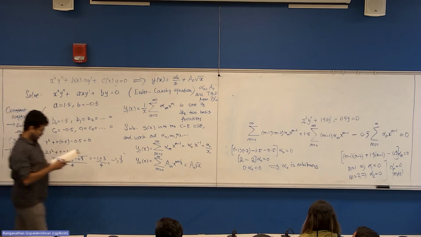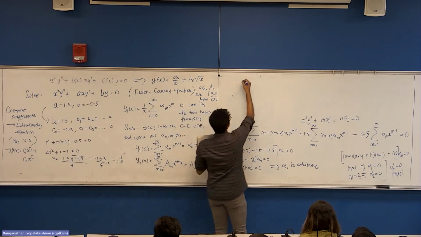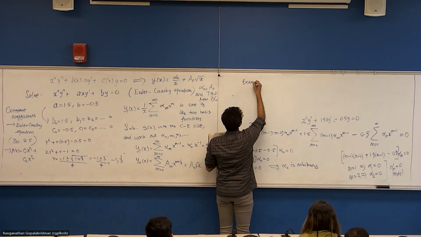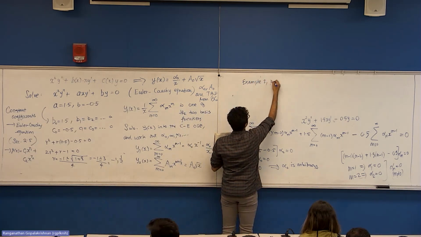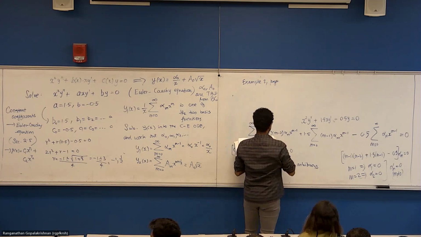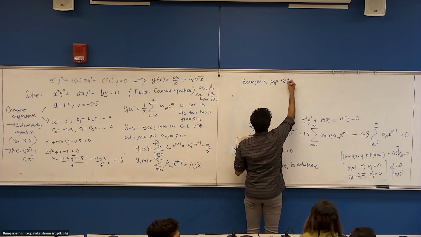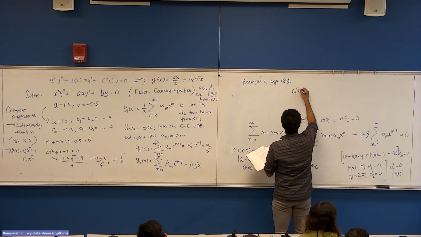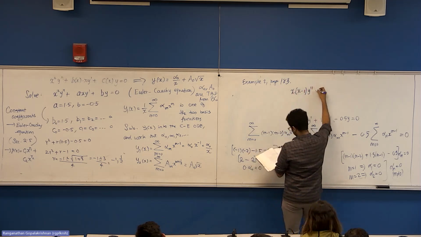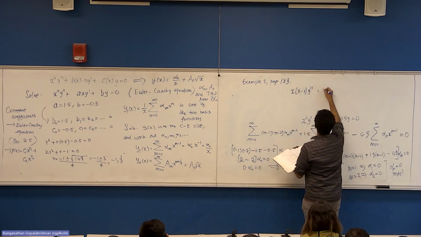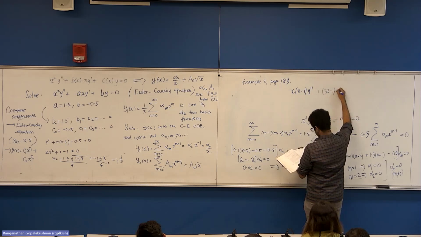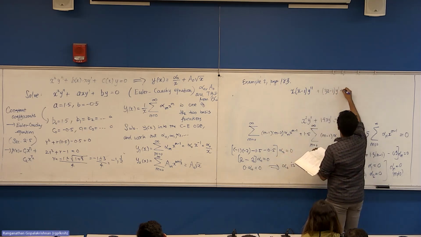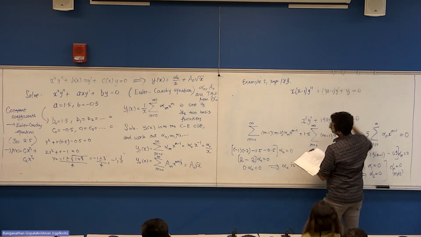This is example 2 on page 183. x times (x minus 1) y double prime plus (3x minus 1) y prime plus y equal to 0.